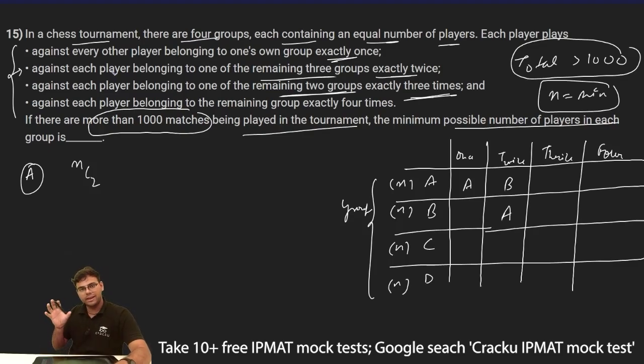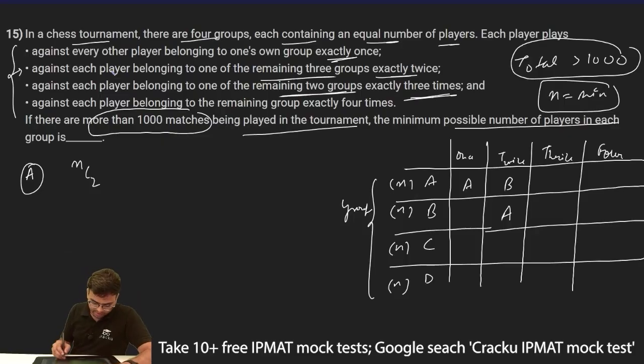Like if n members of group A are playing against n members of group B 2 times, then similarly n members of group B are also playing with all the members of group A exactly twice.